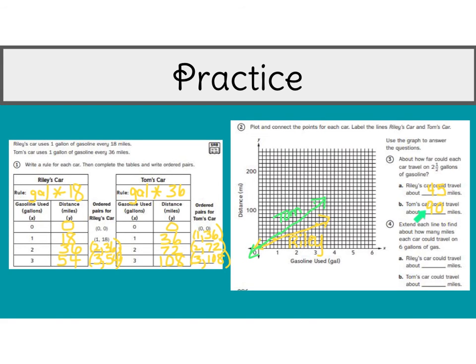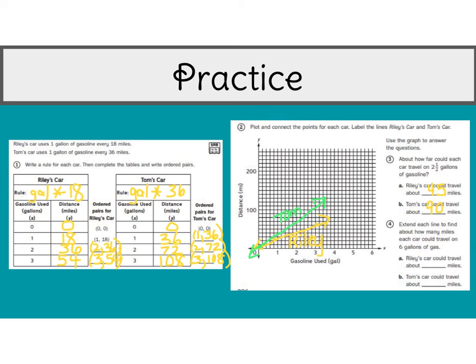And then for Tom's car it is about 90 miles. So again, we're going to look at how much it was for 2 gallons, which was 72. And then half of 36, and add that to the 72, we get to 90. So the last part is extend each line to find about how many miles each car could travel on 6 gallons of gas.